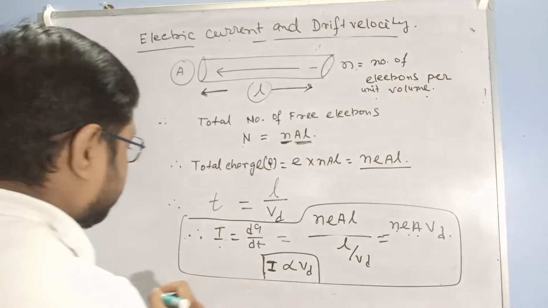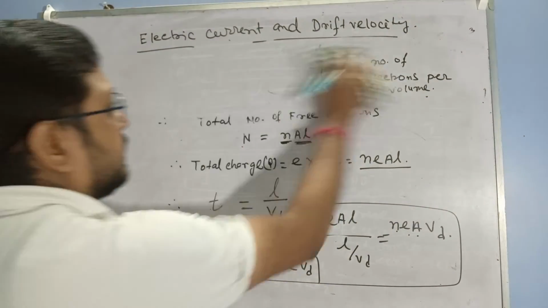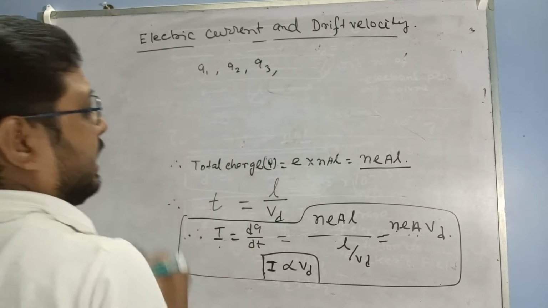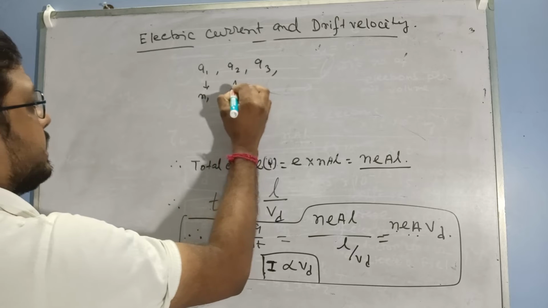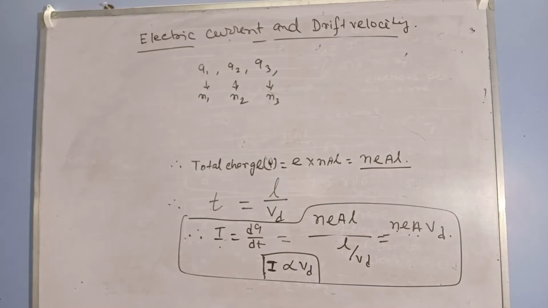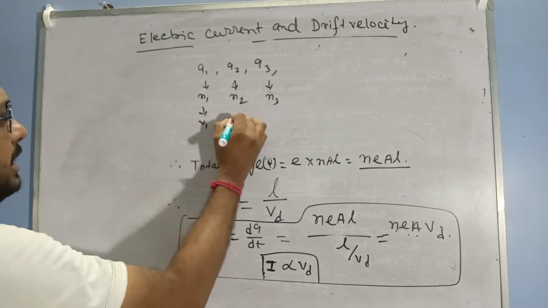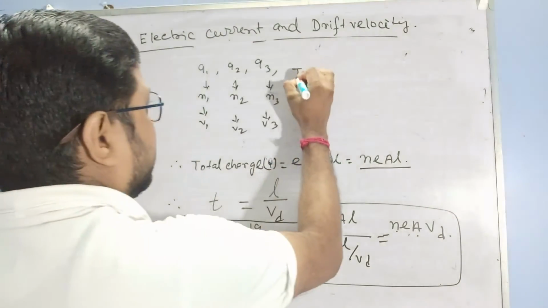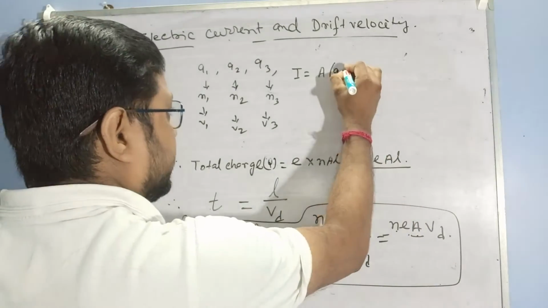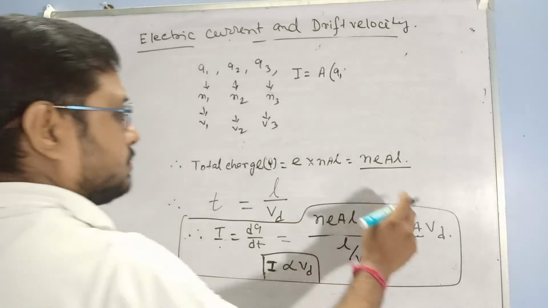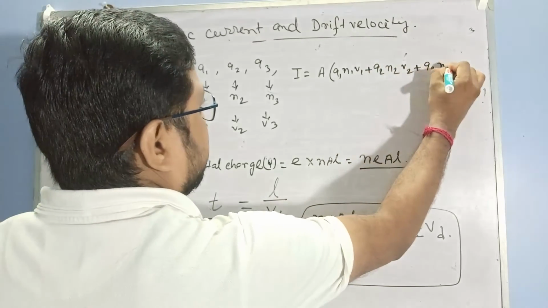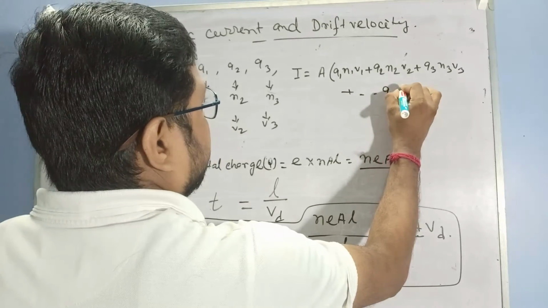If there is a conductor in which there are lots of charge carriers q1, q2, q3, and the density of q1 is n1, density of q2 is n2, density of q3 is n3, and the drift velocities are v1, v2, v3, then the total current I is A taking common outside: q1 n1 v1 plus q2 n2 v2 plus q3 n3 v3 and so on, qn nn vn.